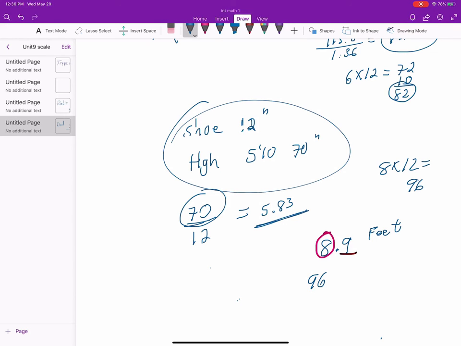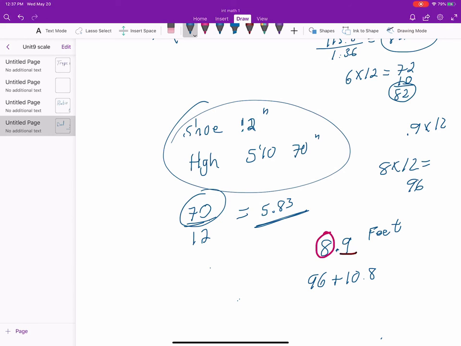So what I'm going to do is take 0.9 and multiply that by 12 to see exactly what inches that is, and we get 10.8. So I'm going to add 10.8 to this.